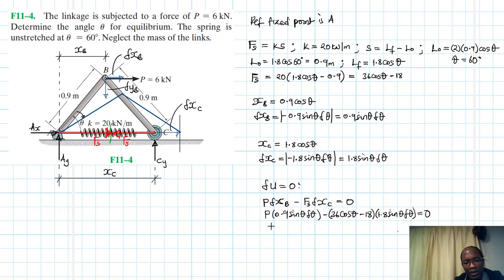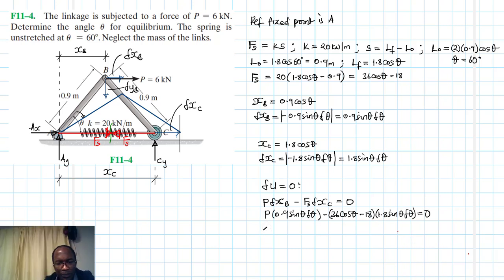Here we factor out del theta, so this will be 0.9 P sine theta minus, multiplying 36 by 1.8, 64.8 cos theta sine theta, then plus 18 times 1.8, which gives us 32.4 sine theta, equal to 0.